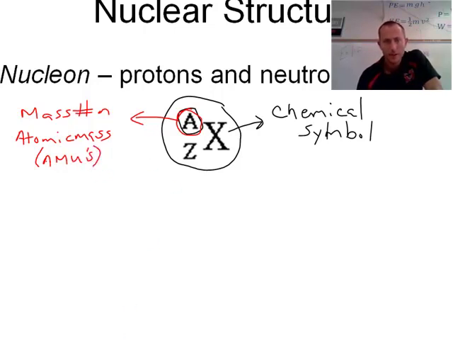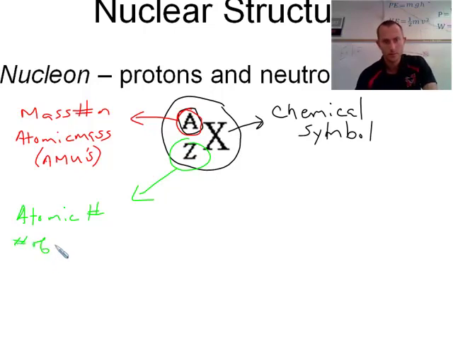Then the third letter that we have here, Z, is the atomic number. Now, the atomic number is equivalent to the number of protons, or it tells us the number of protons. So that gives us everything we need to know. The one piece of information that's not specifically stated here is the number of neutrons in the nucleus. But given what we have, we can calculate the number of neutrons.